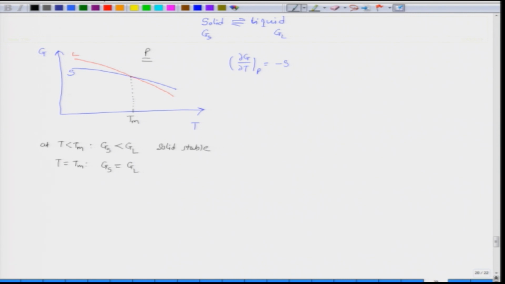So, both are stable phases. That is why we say that solid is in equilibrium with liquid, and this is denoted as the equilibrium melting point. Okay. So, at T equal to Tm, solid is in equilibrium with liquid. At T greater than Tm, Gl is less than Gs, and so liquid is stable.